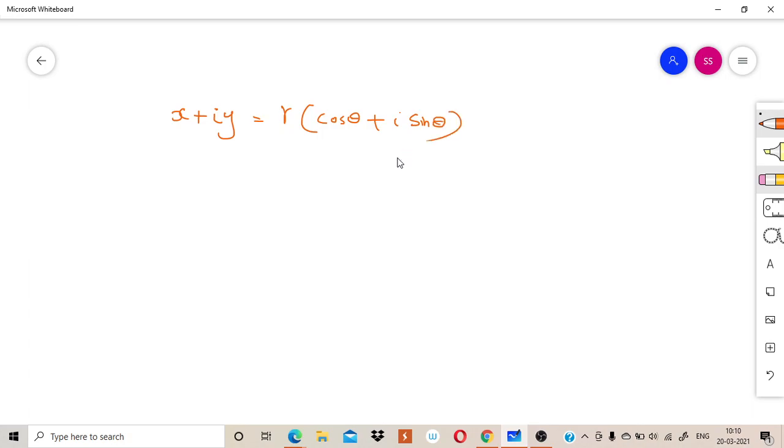But in the entire electrical engineering, we are going to have a new notation for this i. This i means imaginary, but in electrical engineering, it is not imaginary, it is very much real. So I'm replacing this i with j. The notation is j.